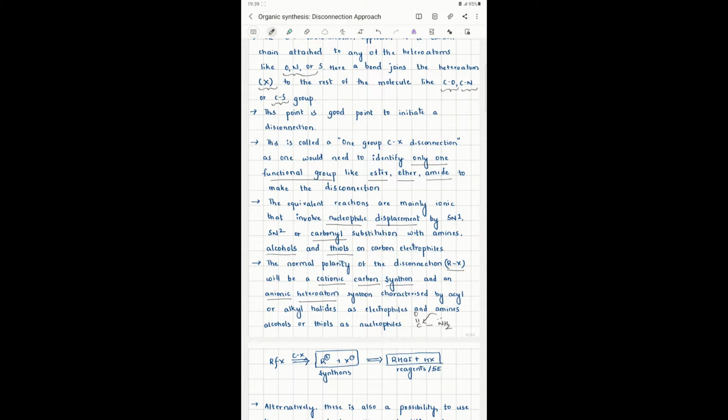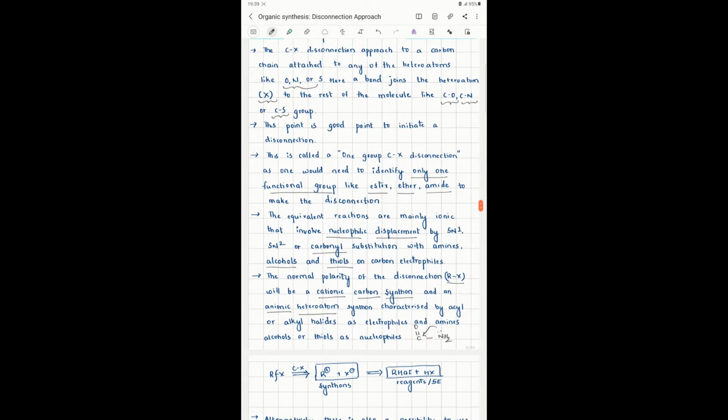This is characterized by acyl or alkyl halides, such as C6H5CH2Cl or alkyl halides like C2H5Cl, as electrophiles, and amines, alcohols or thiols as nucleophiles. When we observe such situations, where there is a carbon and a heteroatom, oxygen, nitrogen and sulfur would always carry a negative charge and carbon would carry a positive charge. Unless there is an Umpolung situation, this is how the natural synthon cleavage will take place.